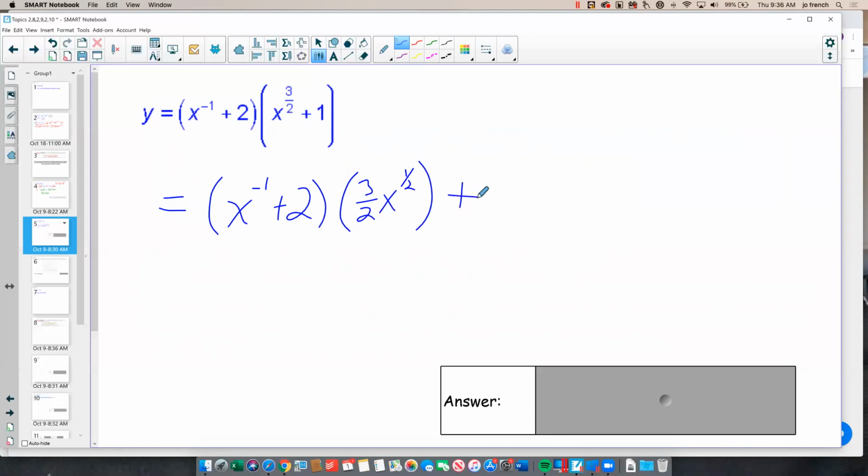And then we add, then we take our second function, which was x to the 3 halves plus 1, and multiply times the derivative of the first function, taking down the negative 1 from the exponent, using it as the coefficient, and then subtracting 1 from negative 1 gives me negative 2, and the derivative of 2, as always, is 0. And there we have our derivative. This would be dy dx.